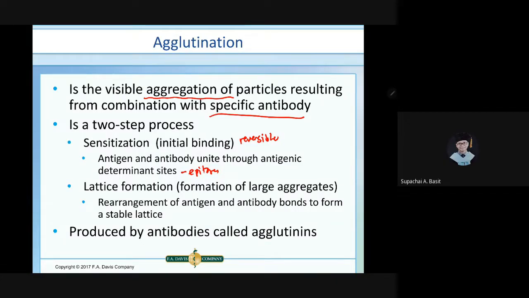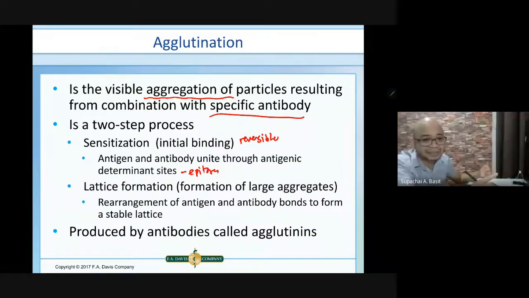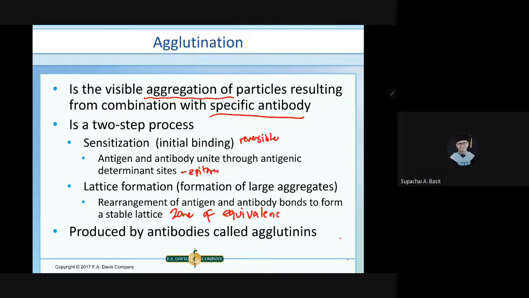And then, the second step is the lattice formation. Here, you would notice that there is now already a formation of large aggregates, meaning to say, rearrangement of antigen and antibody bonds to form a stable lattice. Again, let me reiterate to you that in order to achieve lattice formation, you should be able to observe the so-called zone of equivalence.